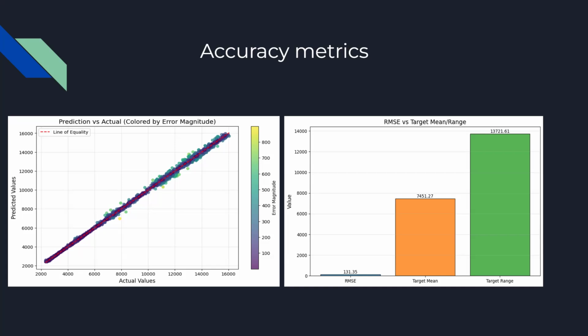On the second graph, as you can see, there is an RMSE error, target mean and target range. So this is a comparison between the error that we were getting and the actual values of stock. Even if the stock was at a 13,000 price range, the error would be in the hundreds, like 130, 140.